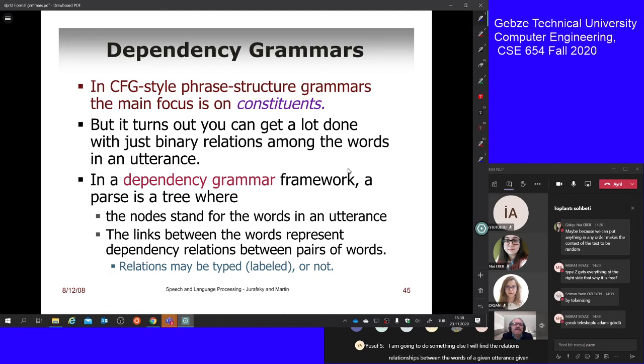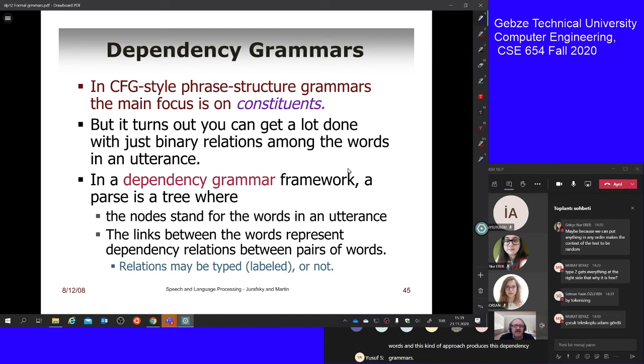Okay? I am not going to focus on constituency anymore, because constituency is not applicable for some languages. Instead, we will talk about the relationships between the words. And this kind of approach produces dependency grammar. Okay?